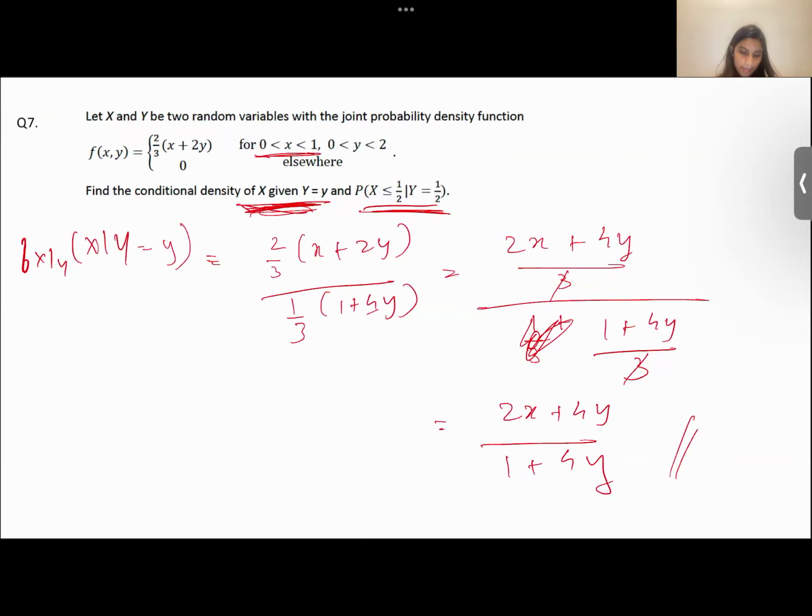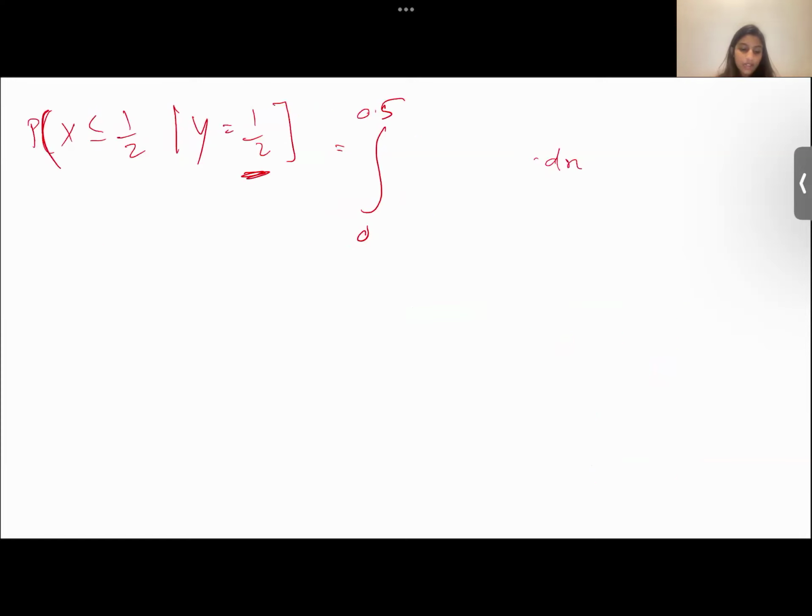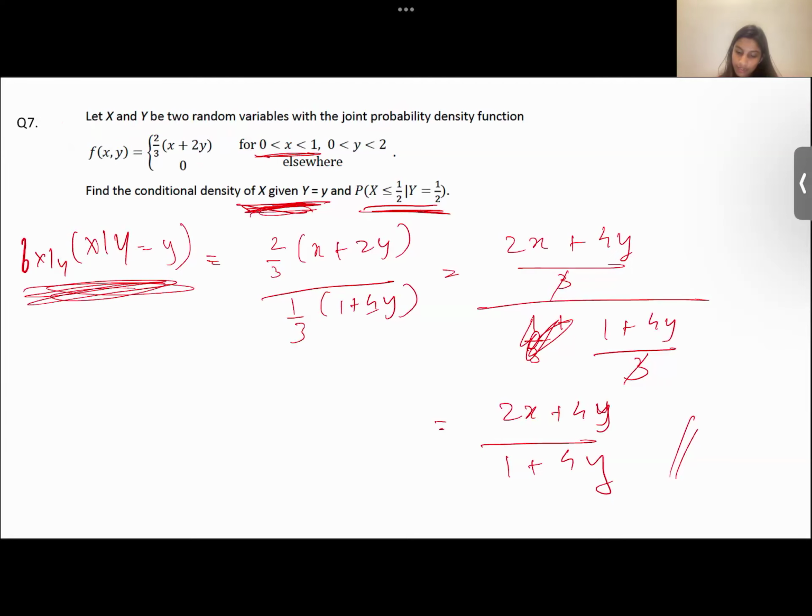Now we just calculated the conditional density here: 2x plus 4y divided by 1 plus 4y. The y value is given and fixed here. So in this expression, instead of y, you substitute 1 by 2.